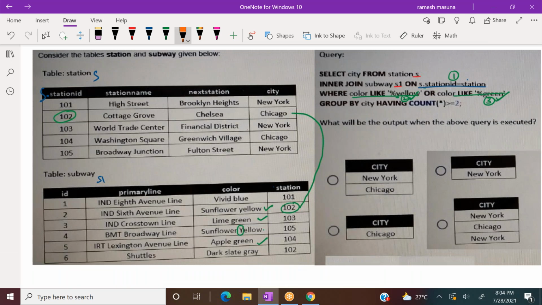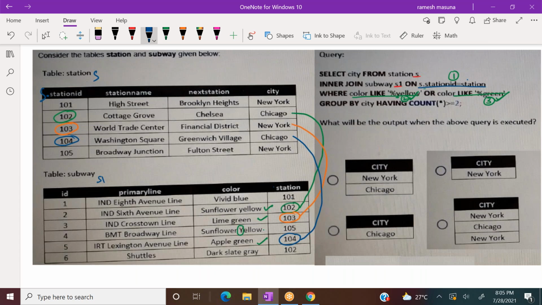And one more selected is 103. And one more we have, this is 104. 104 is matching with this 104. These are the 3 matching rows. Any more matching rows? No more matching rows. Fine.